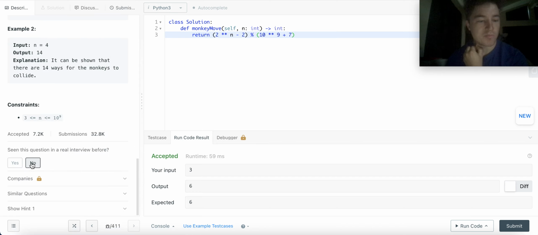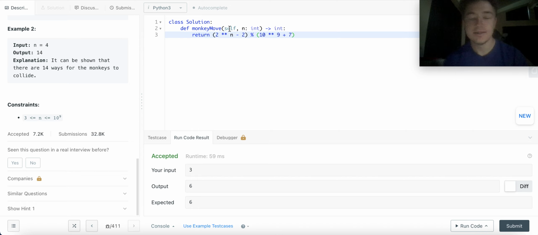Why? Well, because we go 10 to the 9, right? So 10 to the 9 squared is going to blow up too fast, and it's just going to take far too long to compute that value. So where this becomes kind of understanding an optimization as well, if you apply a mod, you can apply the mod any number of times as long as you apply the mod at the end. Again, that's another statistical property that you should probably know about.